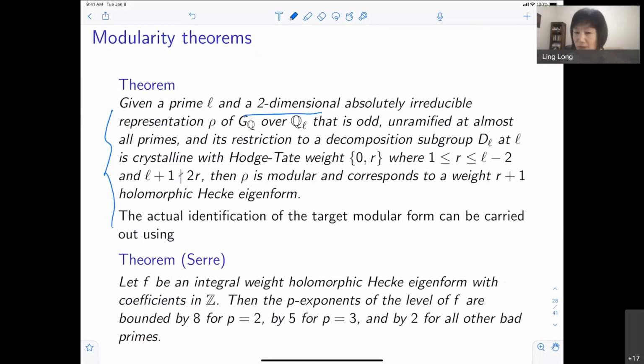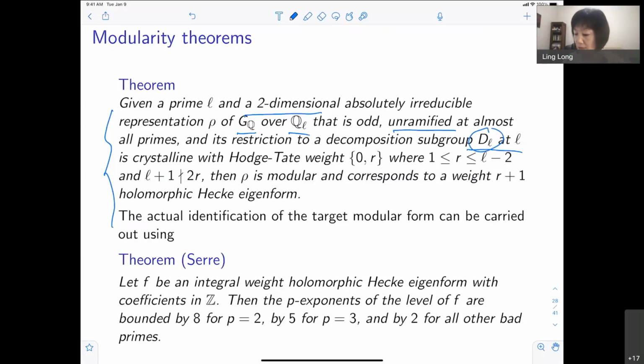So if you start with something which is a two-dimensional, irreducible, odd representation of G_Q over an l-adic field, if you know it's motivic, so it's unramified almost everywhere, and then you know the behavior at the decomposition groups. For our cases, you can choose l, and Katz already has the description for those decomposition groups individually.